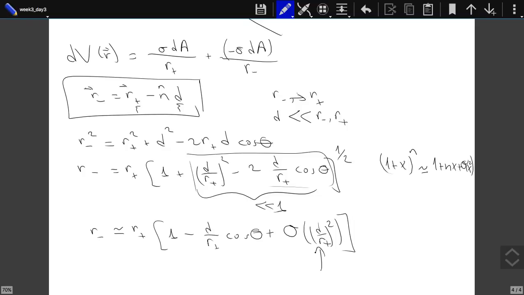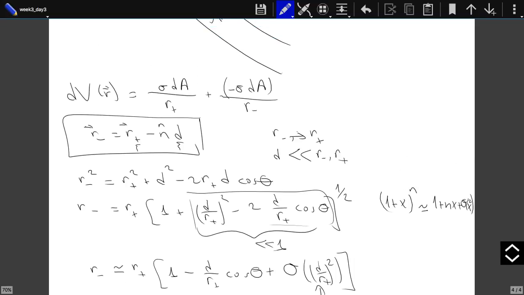because that term is D squared. Eventually, if you look at this expression over here, we have sigma over R minus, and if we expand 1 over R minus, we will get a term proportional to D, and D times sigma is finite. The D squared term just gives a contribution that is D times sigma.